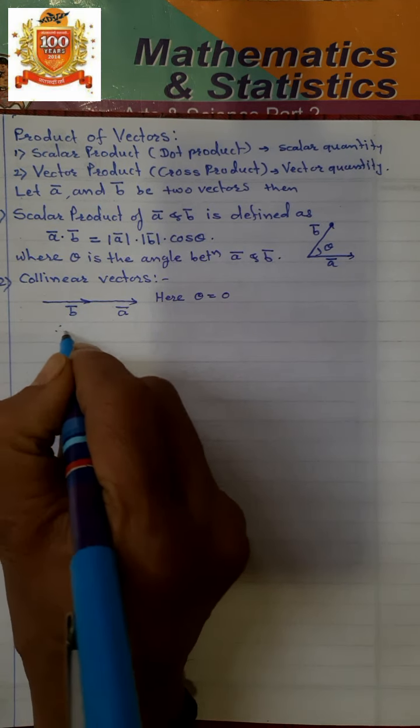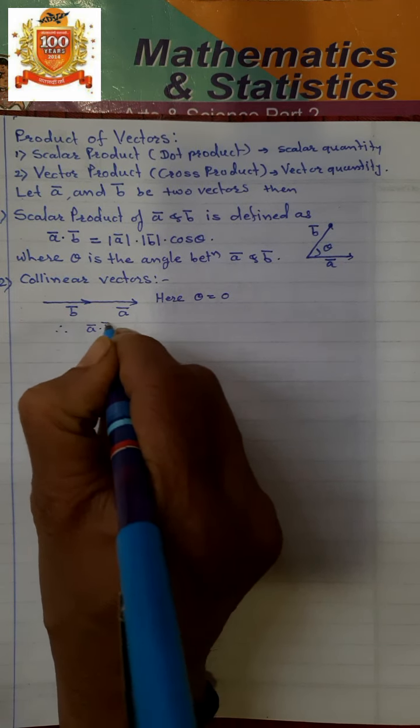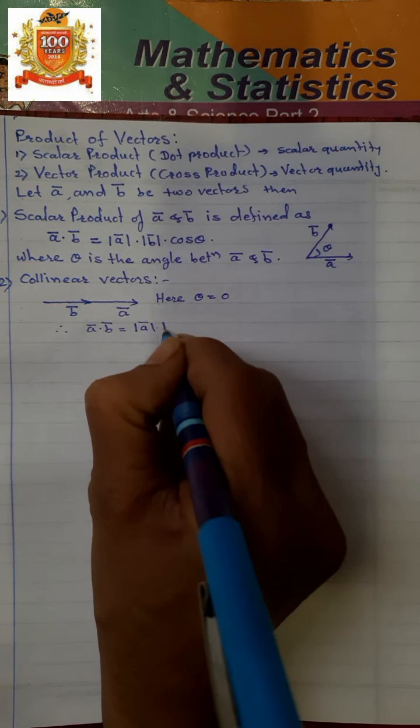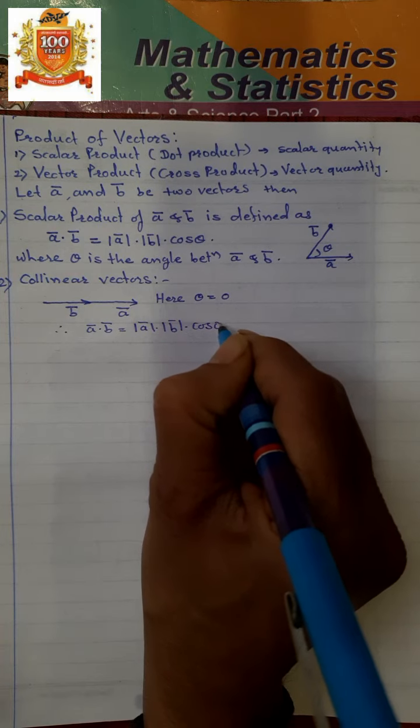Therefore, A bar dot B bar is equal to mod of A bar into mod of B bar into cos 0.